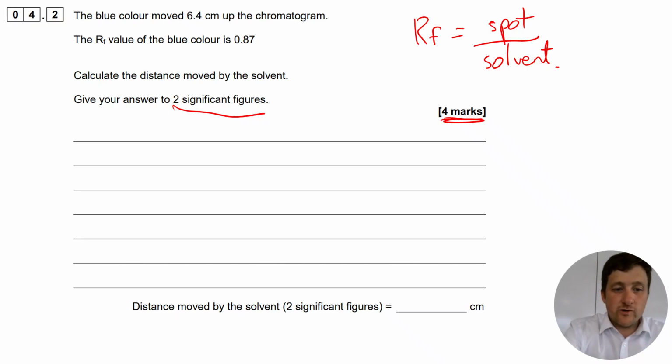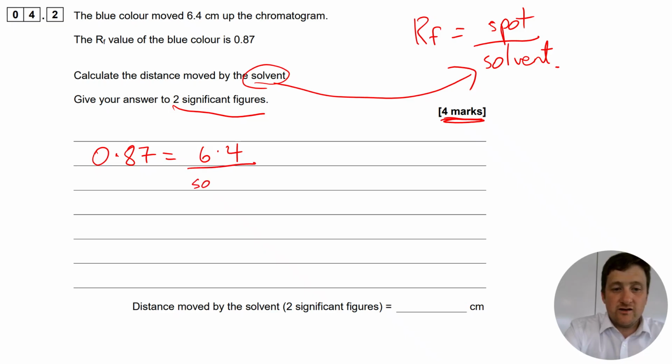So if we look from our question, extract the data, we have 0.87 equals, now moved by the solvent is the bottom one, which means we have 6.4, then we're going to divide it by the distance moved by the solvent.